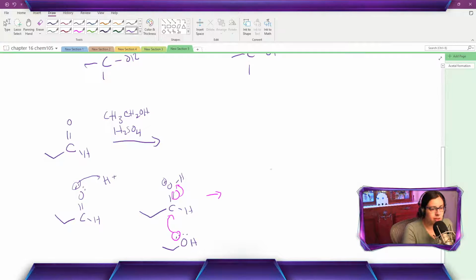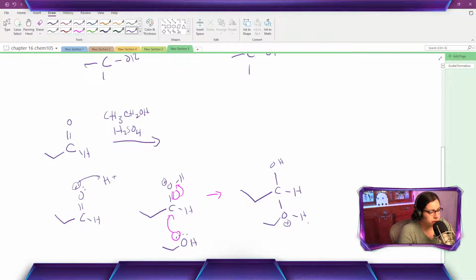So let's draw this out. So carbon, hydrogen, OH here. And then now we have our alcohol attached. So draw that on. Now that's a positive charge. So now we're here. Now we just need to have water deprotonate.